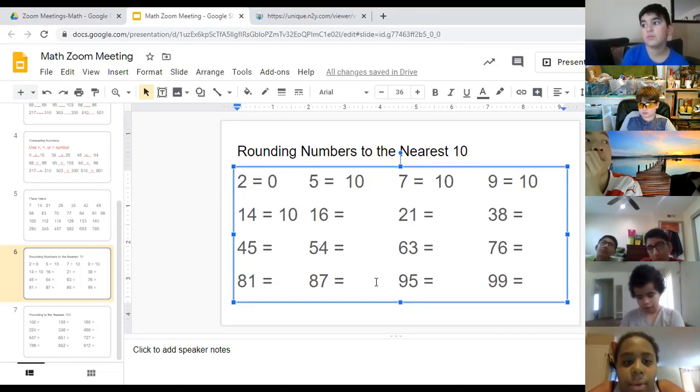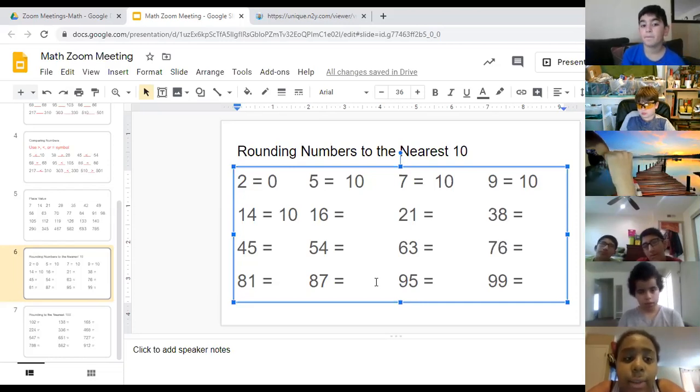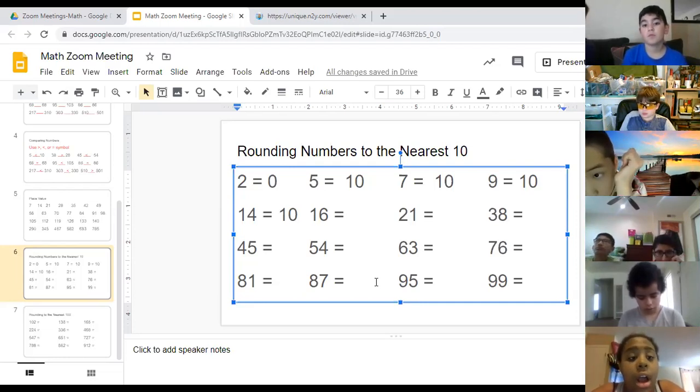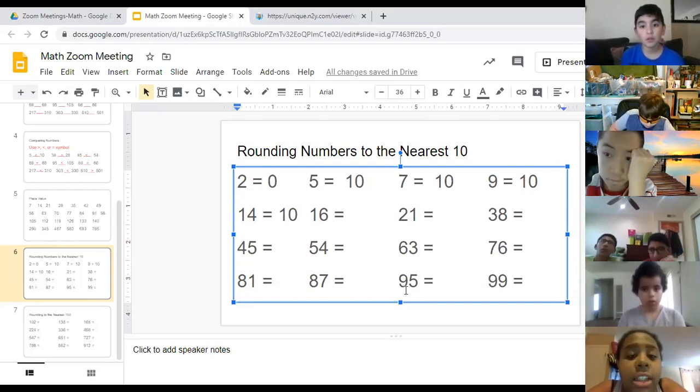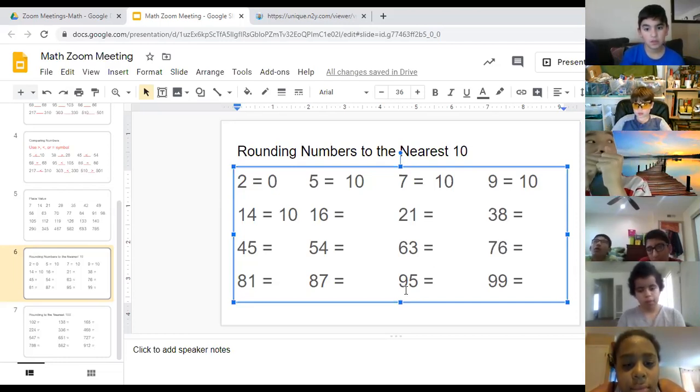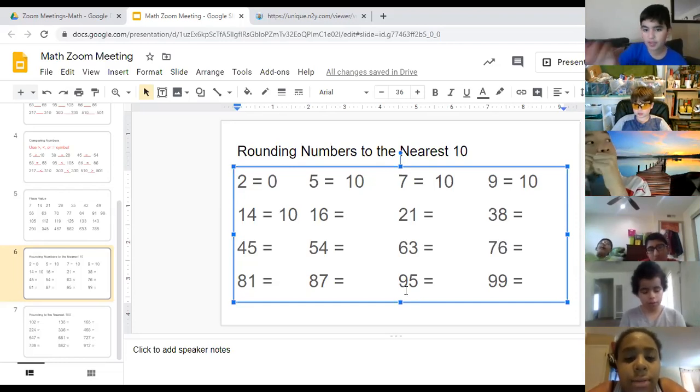So is 16 closer to 10 or closer to 20? 20. Okay, so when we round 16 to the nearest 10, what happens to 16? Does 16 become 10 or 20? 20.